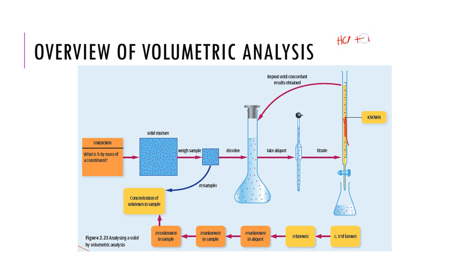So say we're doing HCl plus sodium carbonate, which is going to give us CO2 plus H2O and NaCl, and it'll be 2 HCl. We're going to have a 2:1 ratio here. So if I deliver the equivalent of 0.05 mole of HCl into this flask to reach my endpoint, because it's a 2:1 ratio, I know that I must have had half the number of mole of sodium carbonate in my flask.